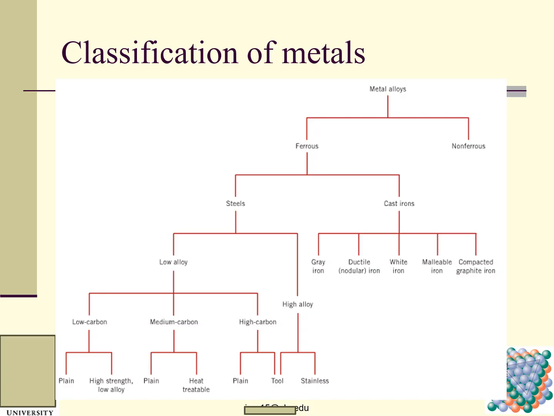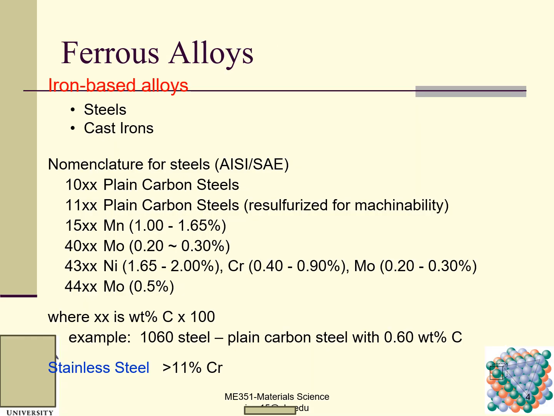Ferrous means that this material contains iron. We talked about steels last time, and today we are going to focus on cast iron, which includes gray iron, ductile iron, which is the nodular iron, white iron, malleable iron, and compacted graphite iron. So ferrous alloys are iron-based, which I told you already: steel and cast iron.